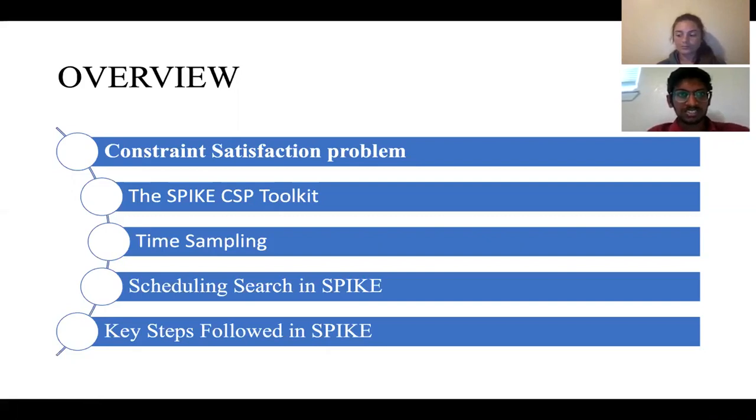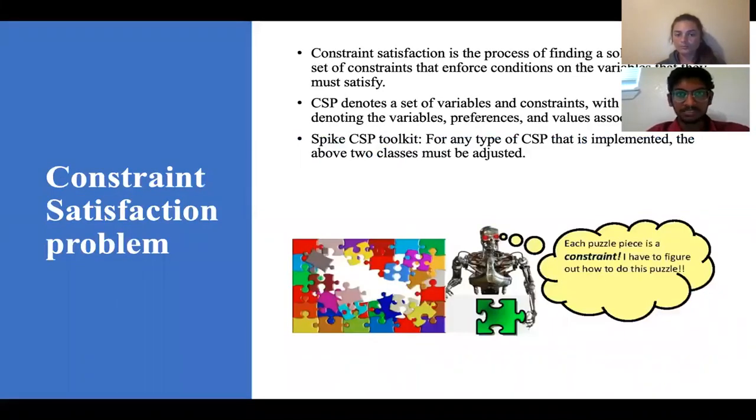If we see the constraint satisfaction problem, constraint satisfaction is the process of finding a solution using a set of constraints.